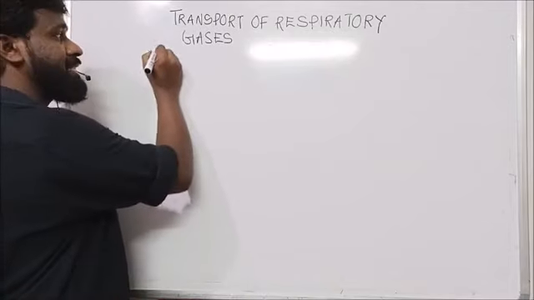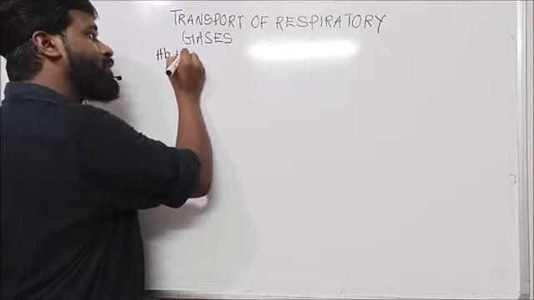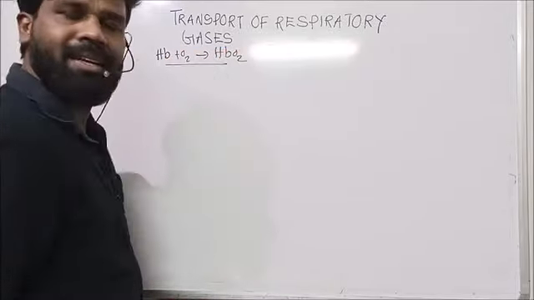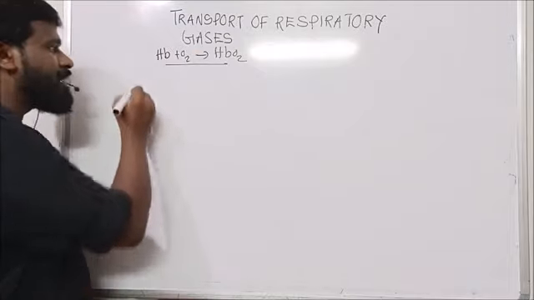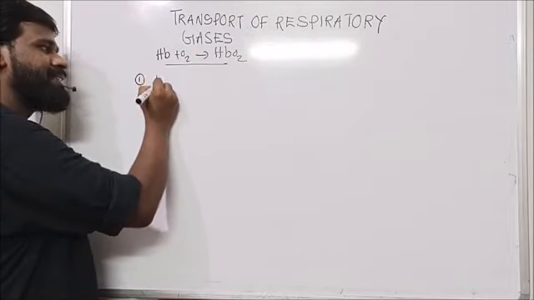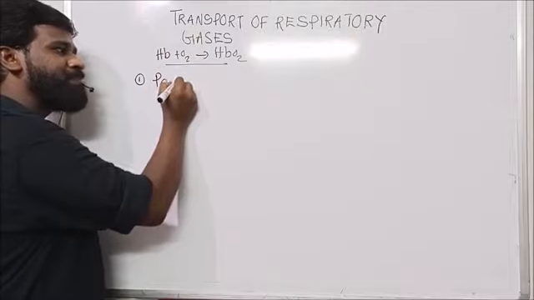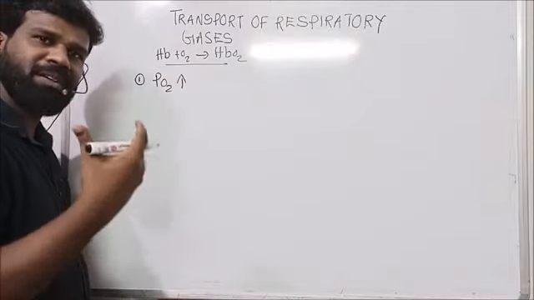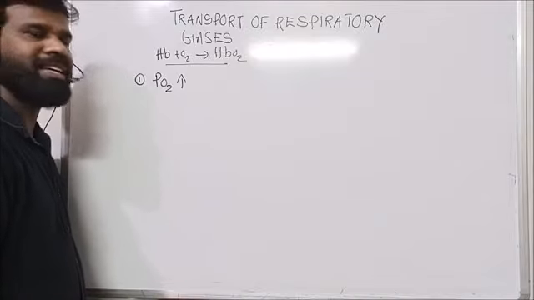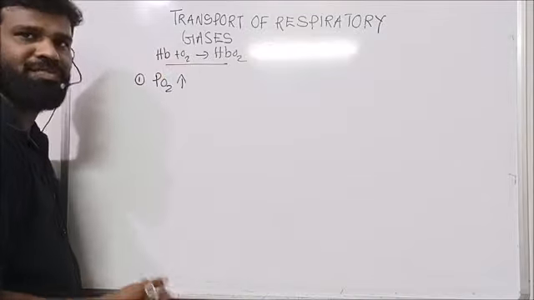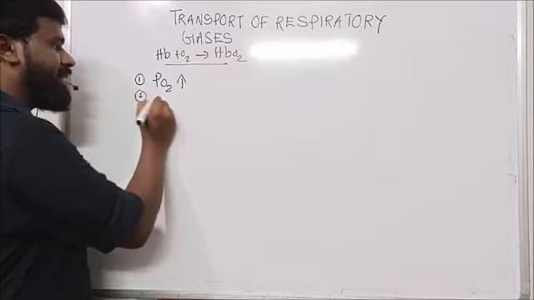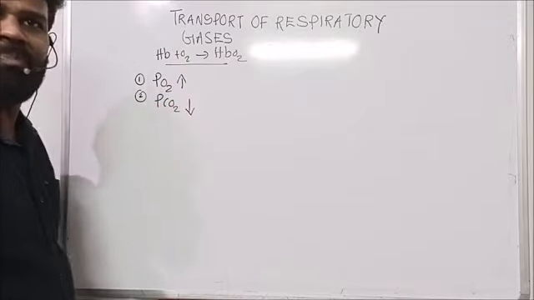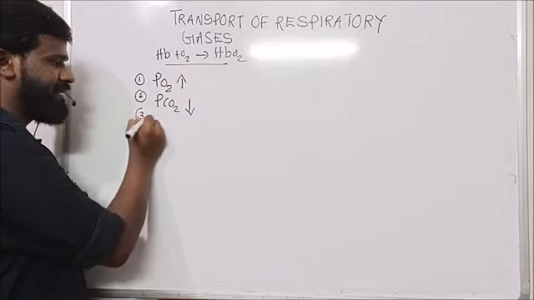Then the conditions favorable for association of hemoglobin and oxygen include high PO2. At high PO2, more hemoglobin binds to the oxygen and oxyhemoglobin association will occur. Then another factor is low PCO2, low pressure of carbon dioxide.